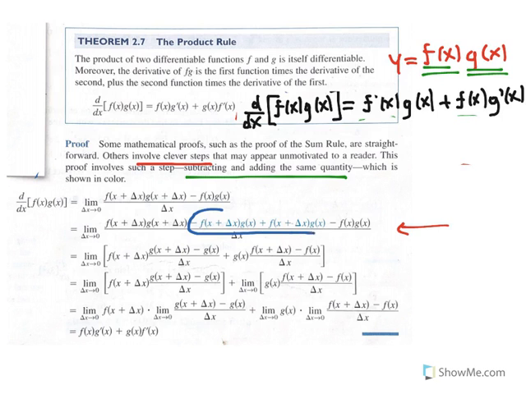So if you subtract and add the same quantity, it's like you're adding 0, so you're not changing what you have here, but you're just writing it in a different form that would allow you to further manipulate what you have algebraically and arrive at a conclusion at the end of the proof about what this derivative is equal to.